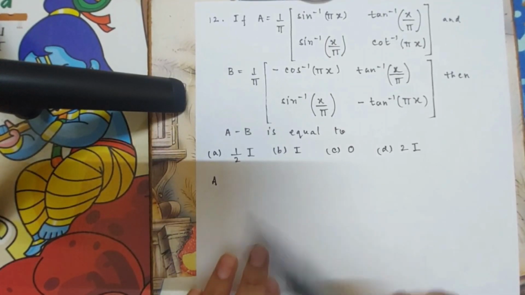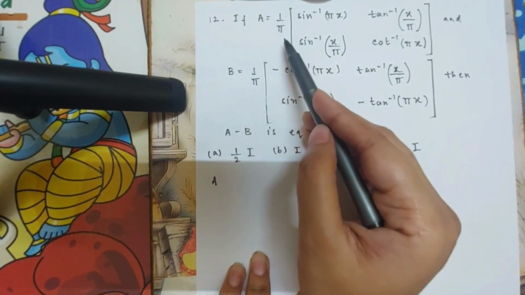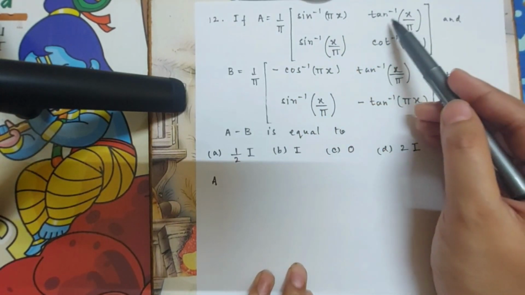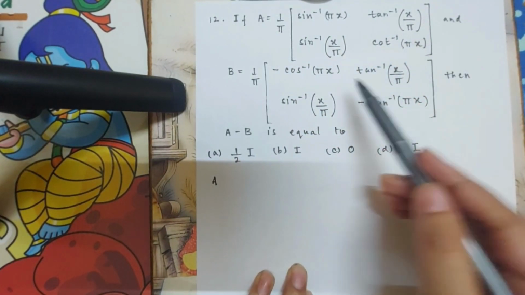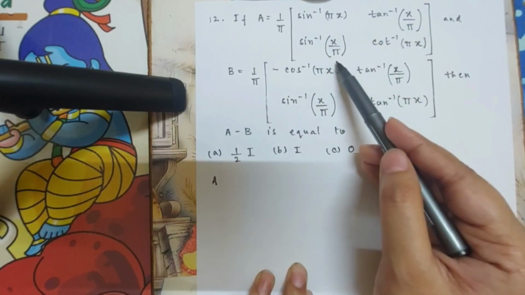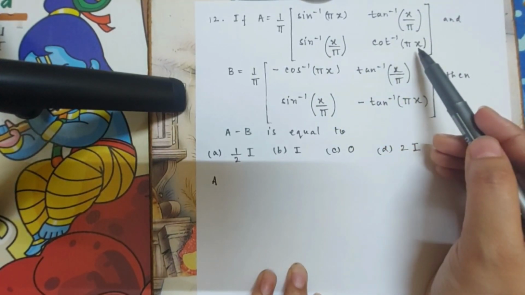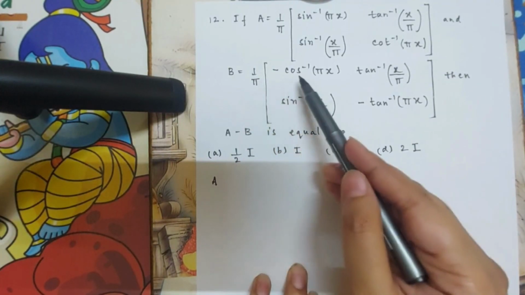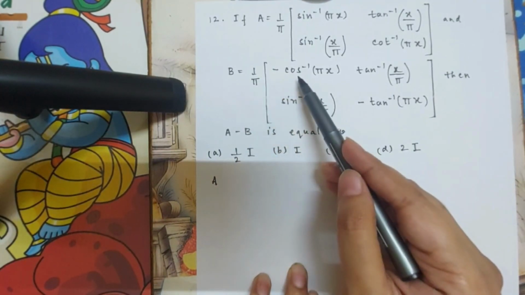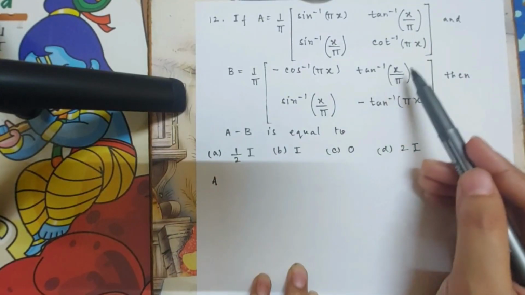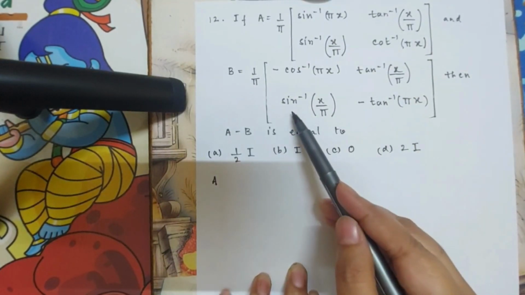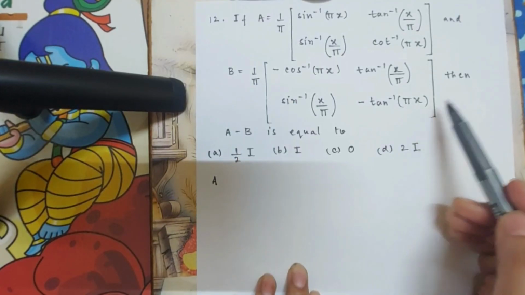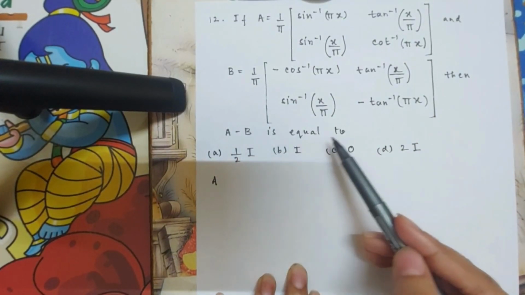So the next question is, if A is equal to 1 by pi multiplied with the matrix [sin inverse of pi x, tan inverse of x divided by pi; sin inverse of x divided by pi, cot inverse of pi x], and B is given as 1 divided by pi multiplied with [minus cos inverse pi x, tan inverse x by pi; sin inverse x by pi, minus tan inverse pi x], then A minus B is equal to what?